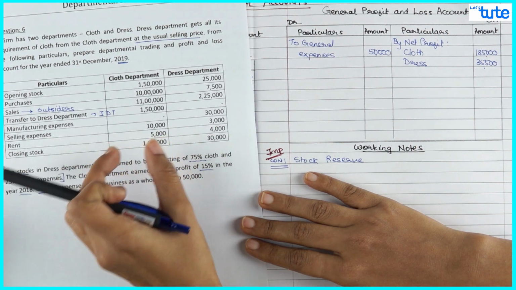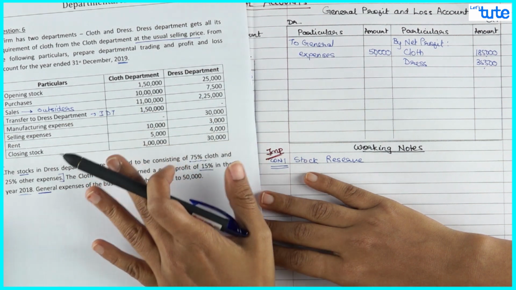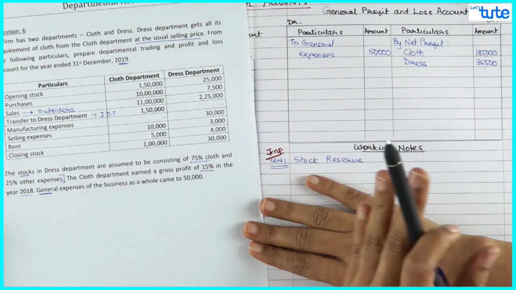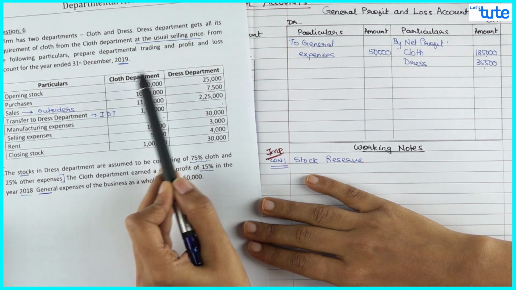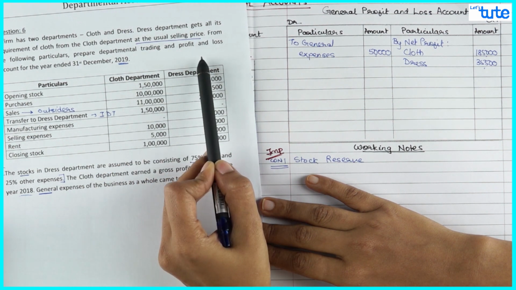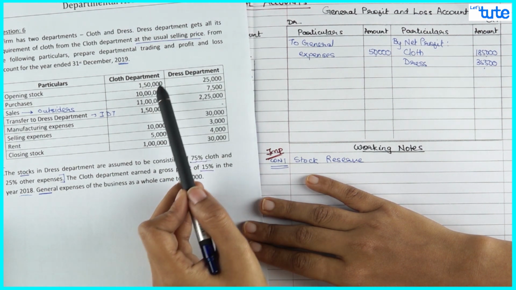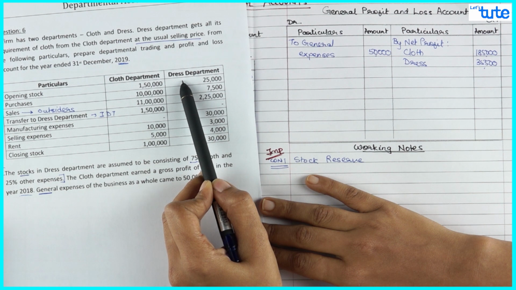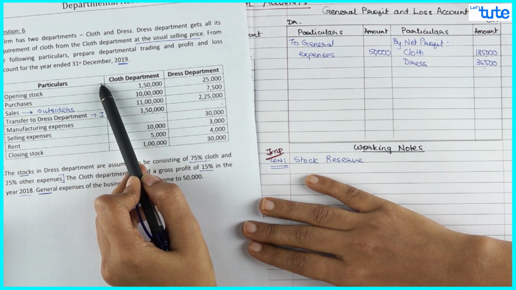But we need to reverse the unrealized profit, because if cloth transfers some goods to dress department and dress department has not yet sold those goods, then in the stock of this dress department there would be some profit charged by this cloth department.